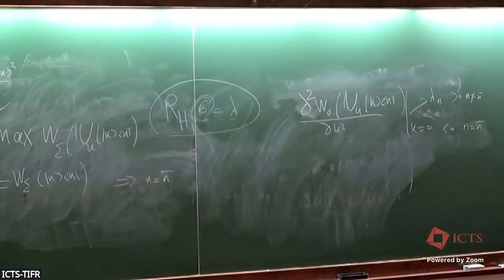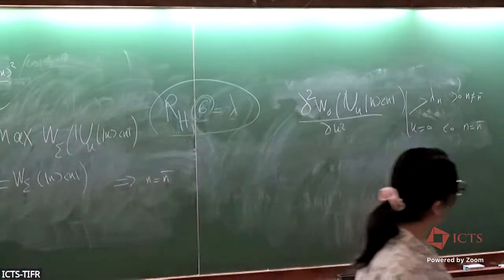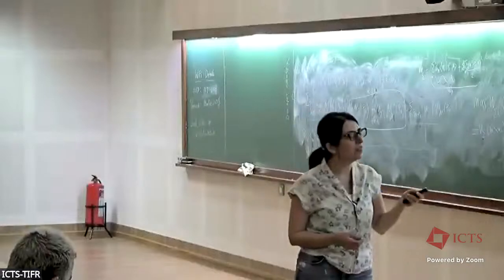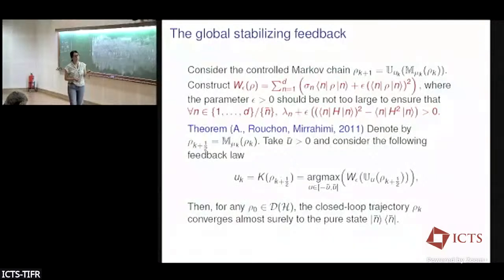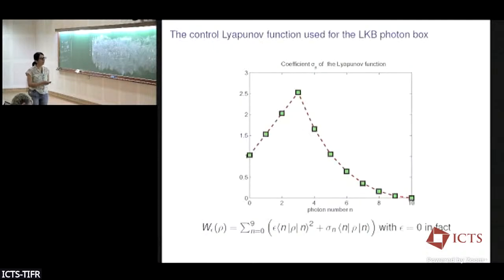But this remains because you choose your epsilon very small. If I come back to my theorem, you have lambda n plus epsilon and this term which is positive. So by adding epsilon, you don't change the sign of lambda n, the sign of the second derivative of W epsilon. Okay? That is the idea. But this is in theory. In practice, we have seen that if you take your epsilon equal to 0, it also works. You can stabilize.